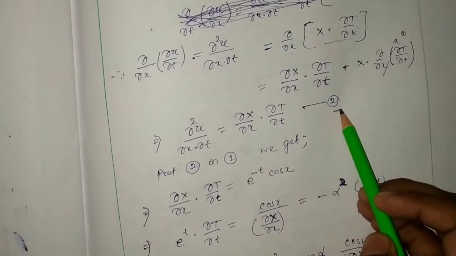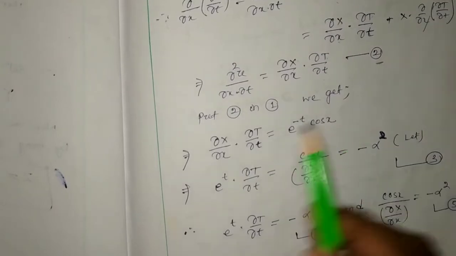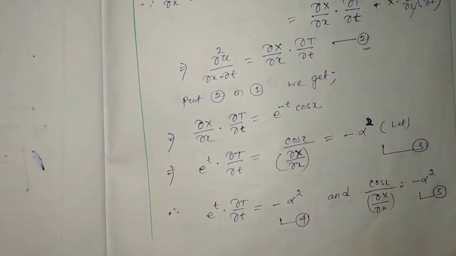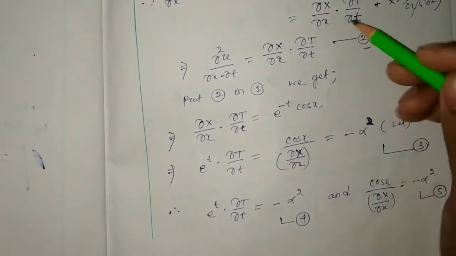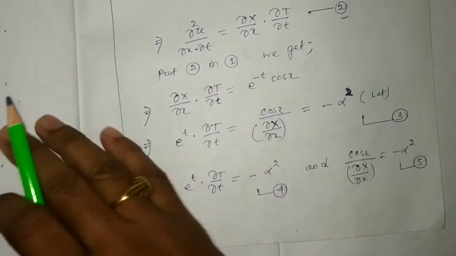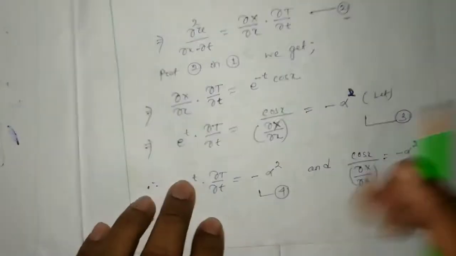Now we have to put equation number 2 in equation number 1. We find that dX by dx into dT by dt equal to e to the minus t cos x. It is a very simple step. The 5 steps we are following are always common for all the questions, so after 2 to 3 questions you will automatically be practiced.